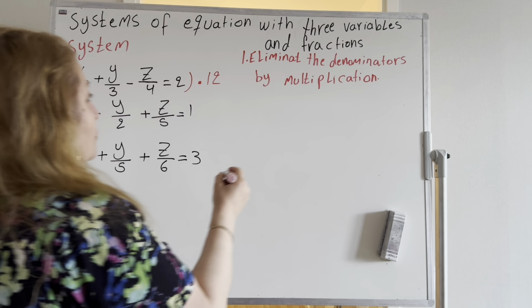The third equation, I will multiply it by, I have 6, 5, and 4. 6 equals 3 by 2, 5 equals 5 by 1, and 4 equals 2 by 2.